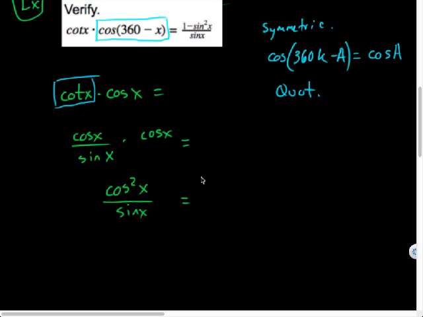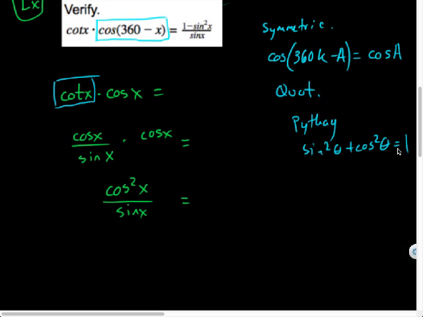How about on this right-hand side? I could actually tweak this and make it equal to that fully, or I could work on the right-hand side. Doesn't matter to me. What do you think's in store for us? I'm seeing some squares. Pythag jumping out at us. Sine squared theta plus cos squared theta equals 1.